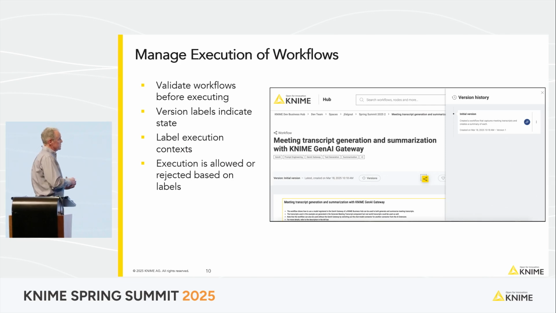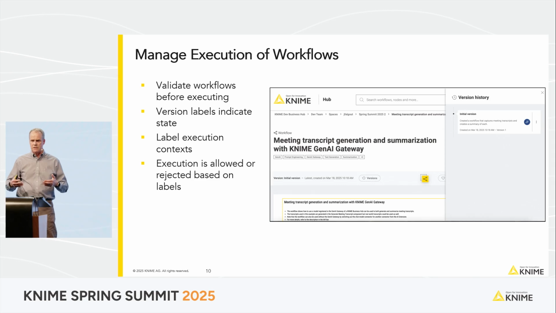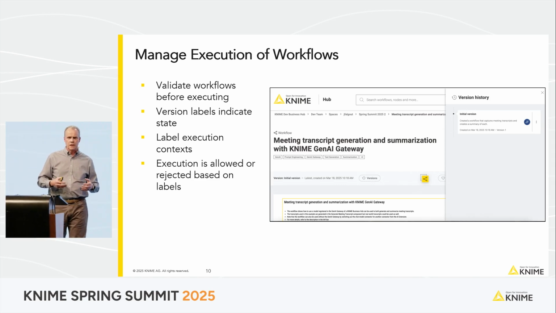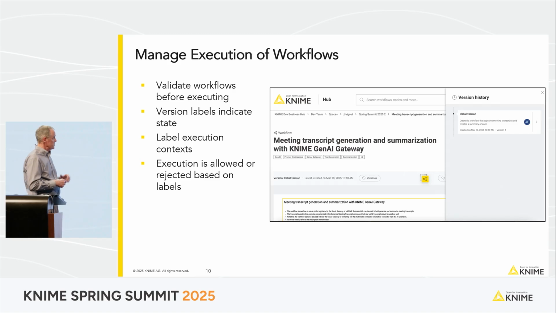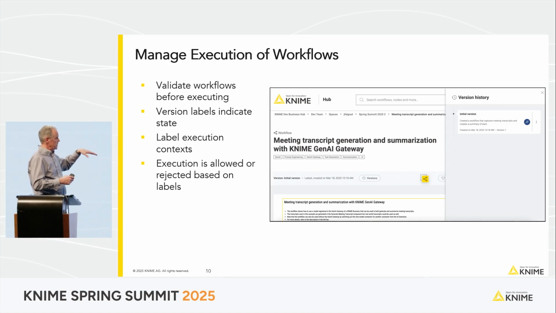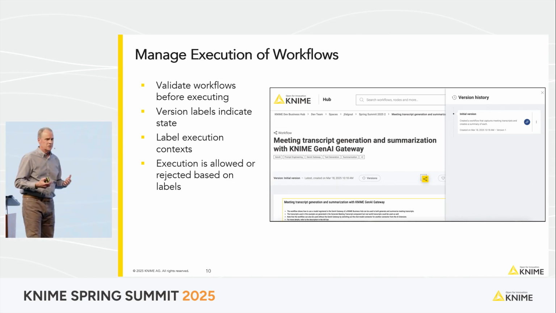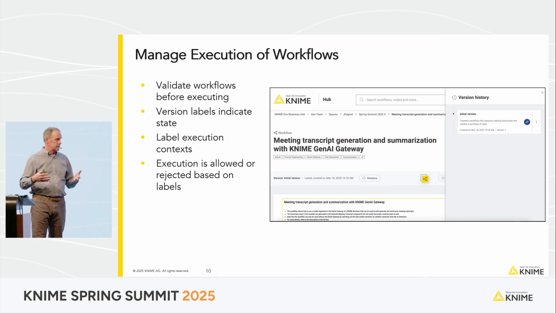Okay, so how do you manage the execution of workflows so that they're secure, that they're safe, workflows that have been validated, they're meeting all your standards as far as governance goes. This is what we're aiming for, using those version labels as I mentioned before. So moving towards execution, you want to validate workflows before they're executed. Make sure that, again, they're meeting your criteria.